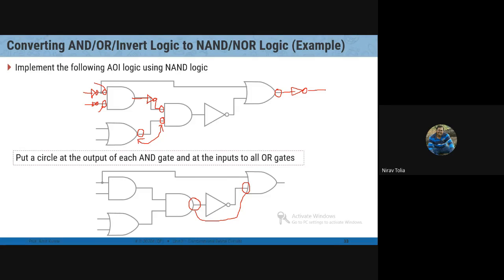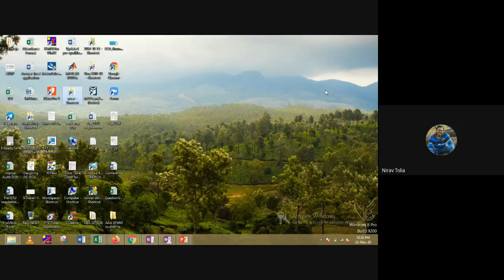Then it will be made into a NOR logic. Okay, so this is the simple thing that you have to do. I think we have already seen the same circuit.